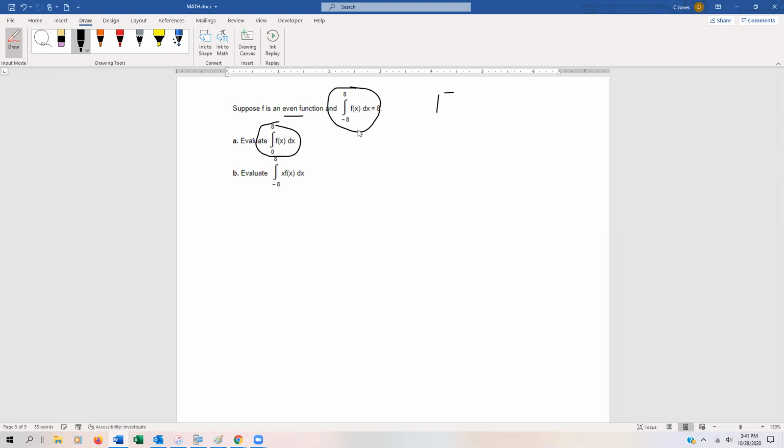Remember that if a function is even, then the integral from -a to a of f of x dx is equal to twice the integral from 0 to a of f of x dx.